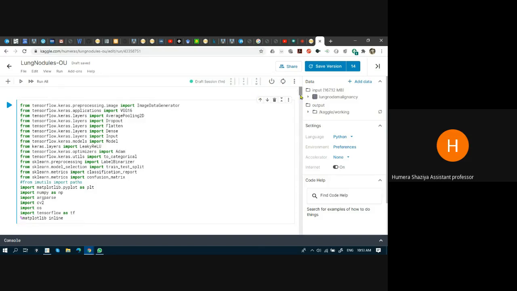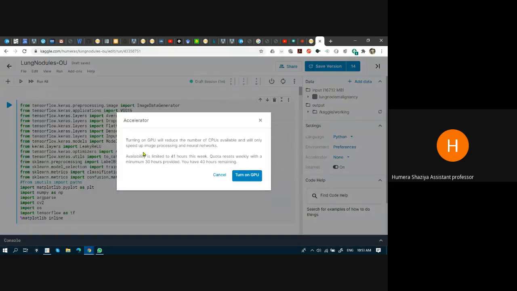If I have to execute a compute intensive task, I use this GPU mode. Now, turning on GPU will reduce the number of CPUs available and will only speed up image processing and neural networks. And availability is limited to 41 hours this week because I have already used it.